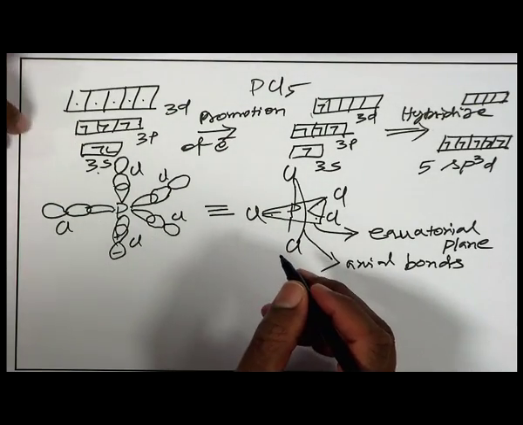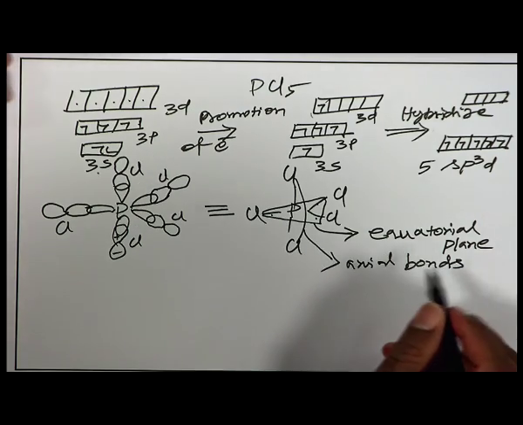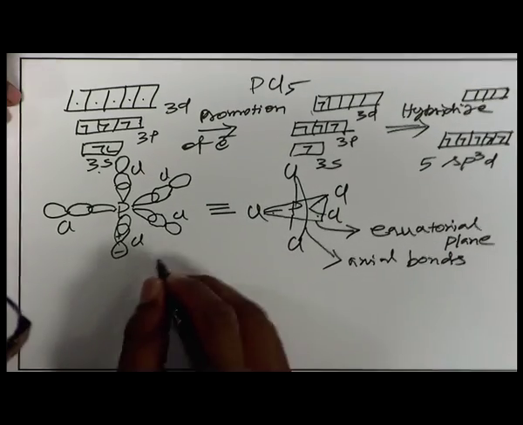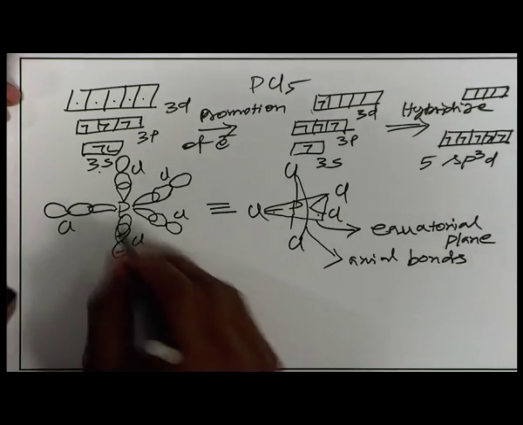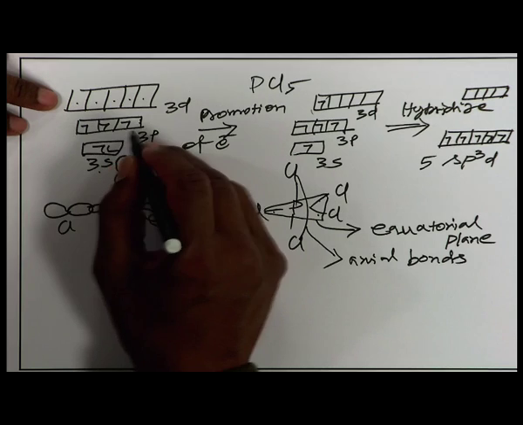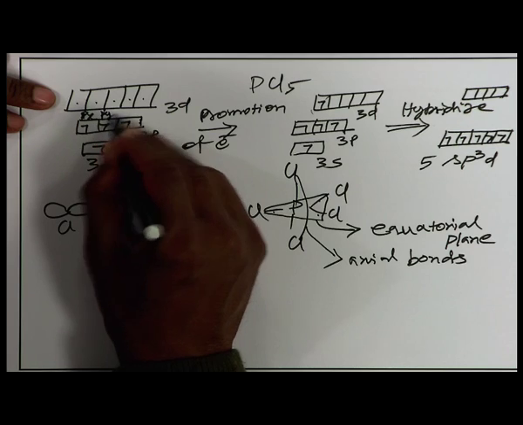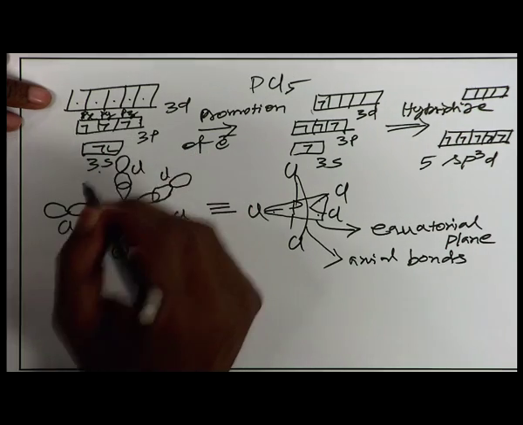Now, which orbitals are used for forming which type of bonds? So, phosphorus has 3 p orbitals. Let us say this is the px orbital, this is the py orbital, pz orbital, and then the 3s orbital.